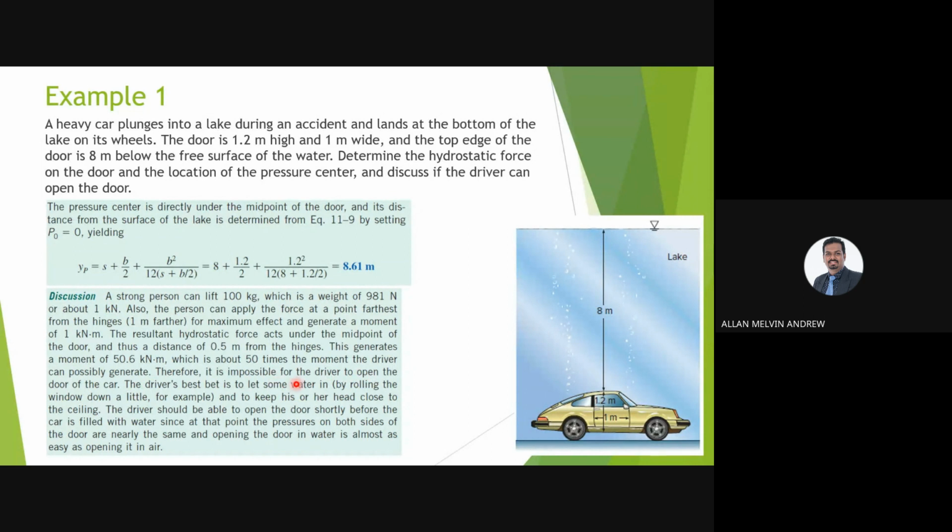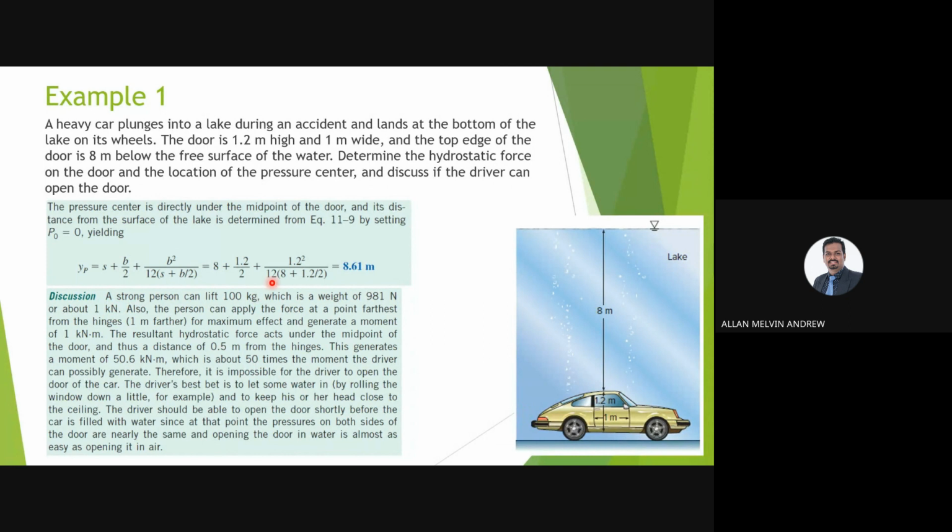Therefore, it is impossible for the driver to open the door of the car, because the moment at the bottom of the lake is 50 times higher than what he can do.